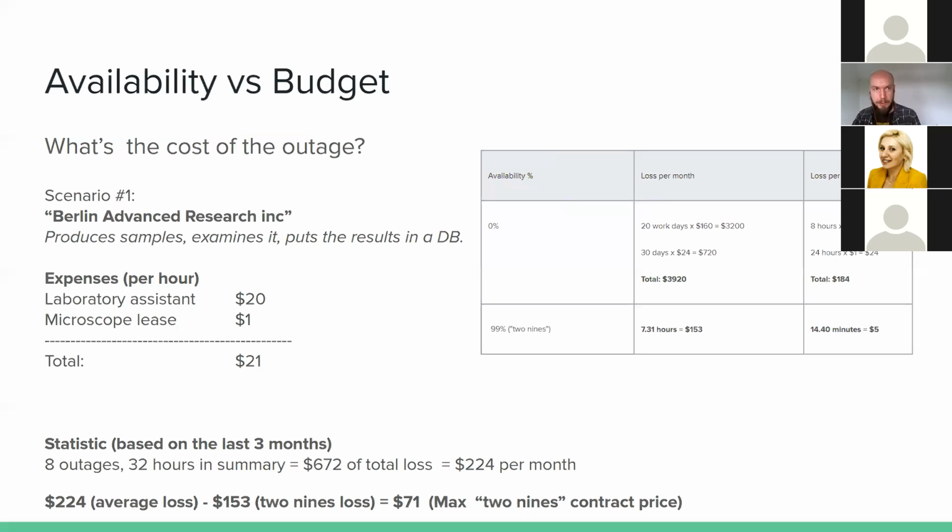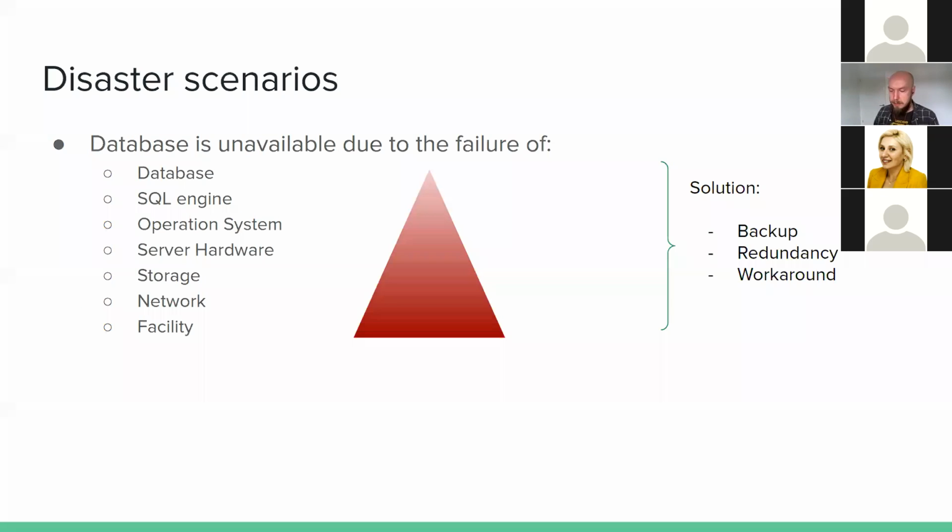Okay, let's move forward. Here are some disaster scenarios, from the biggest one down to the lowest one. For the end user, it looks the same. The database is unavailable, but there are many reasons behind it. It might be unavailable because the database is corrupted. Okay, easy case. Maybe it's something wrong with the SQL engine. Okay, not so scary.